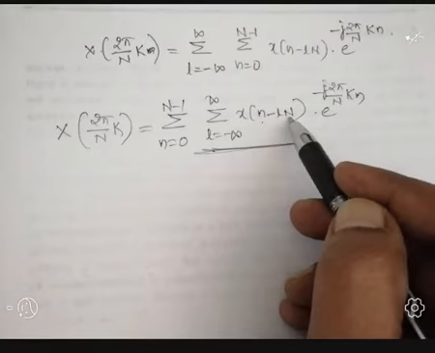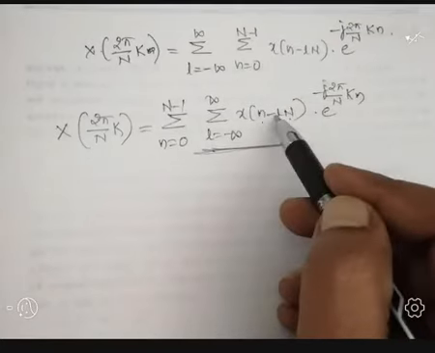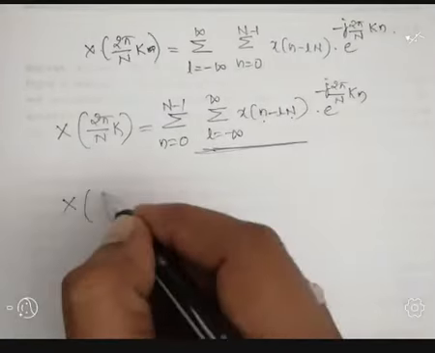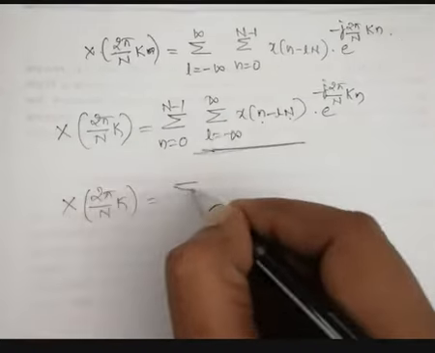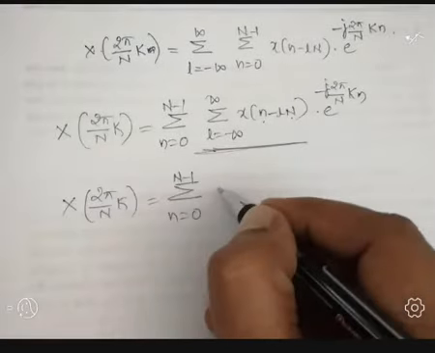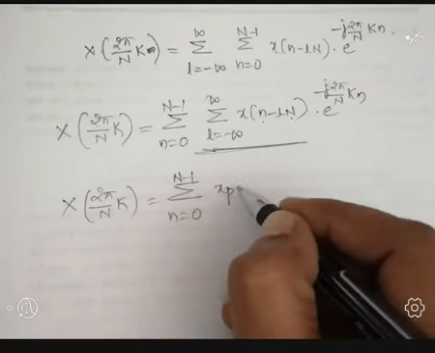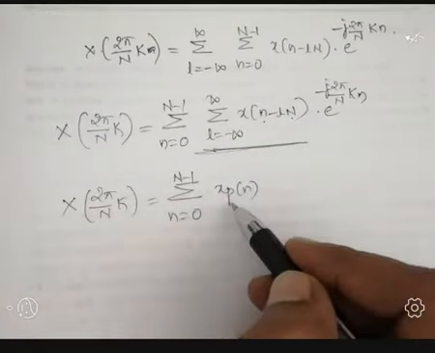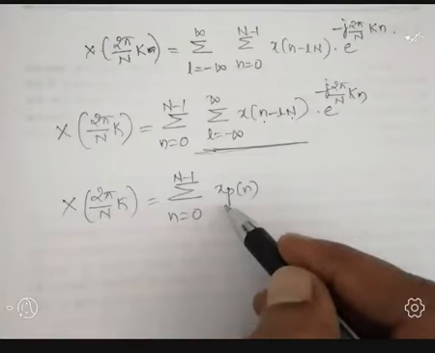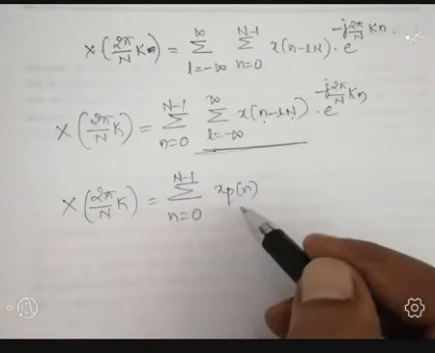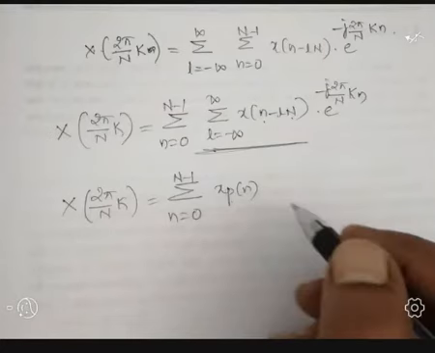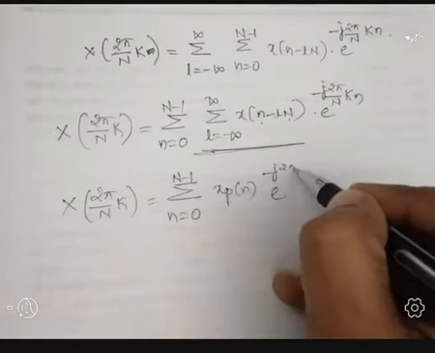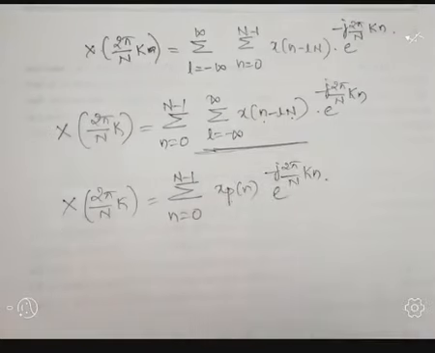So this one I'm going to replace as x of 2 pi by N into k is equal to summation n equal to 0 to N minus 1 xp of n, where xp of n is the periodic repetition of x of n with a period of N samples, multiplied by e to the power minus j 2 pi by N into kn.